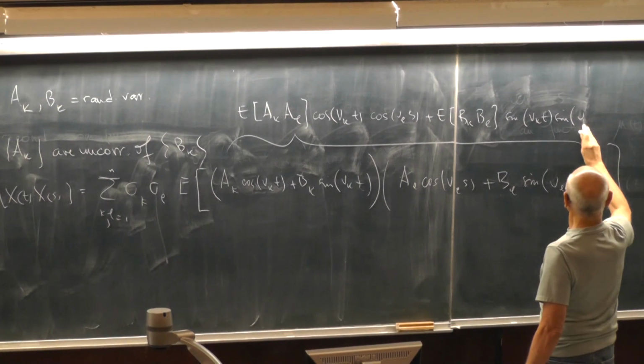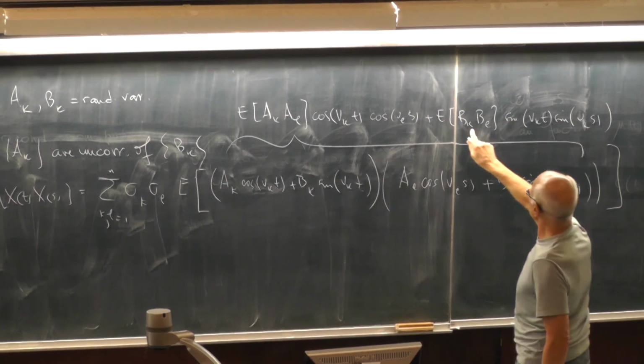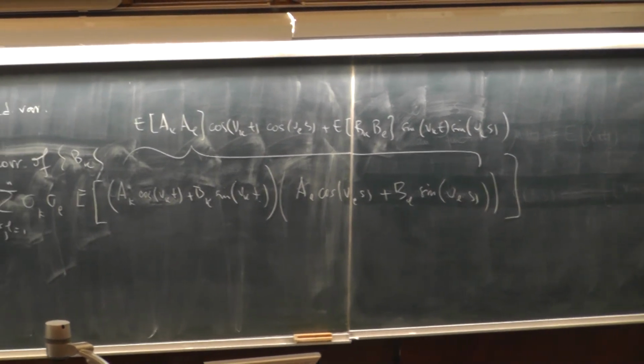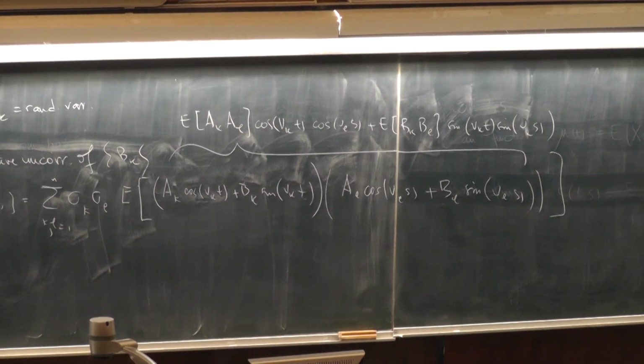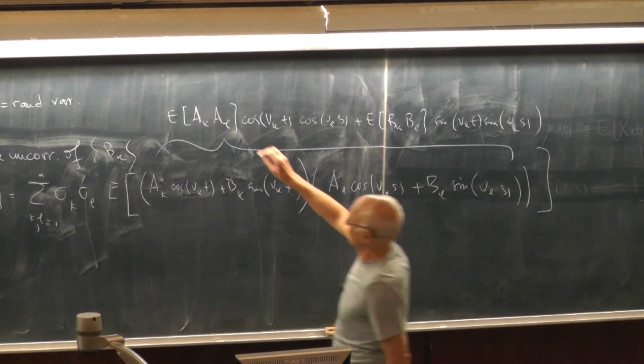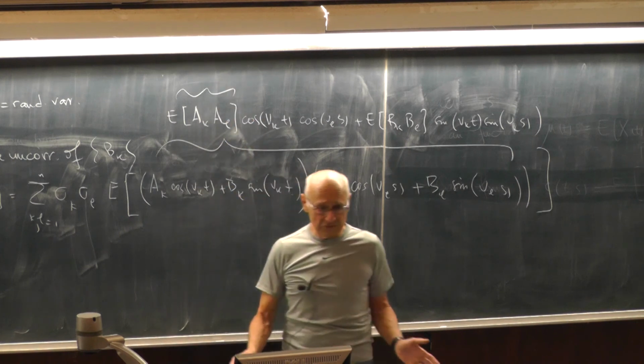And as I said, there are some other terms which I don't write because they are zero. All right. So what do we know about these expectations? Under our assumption, of course.